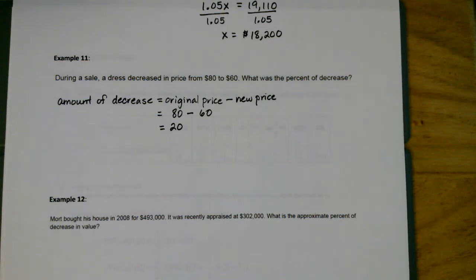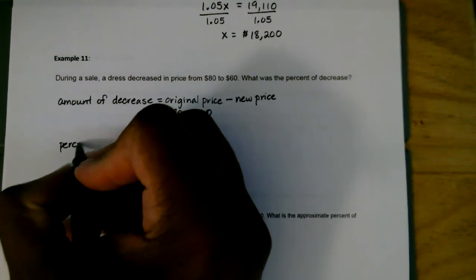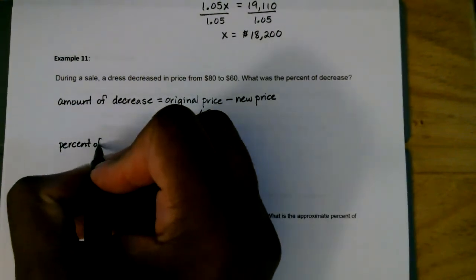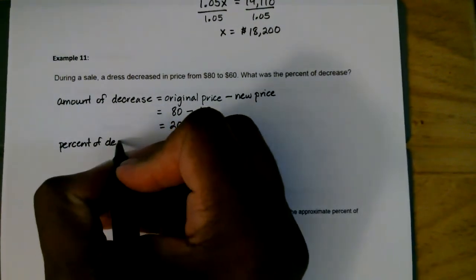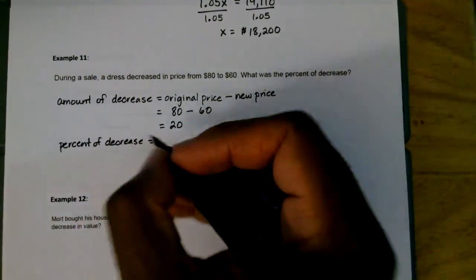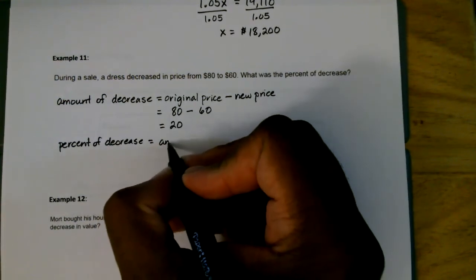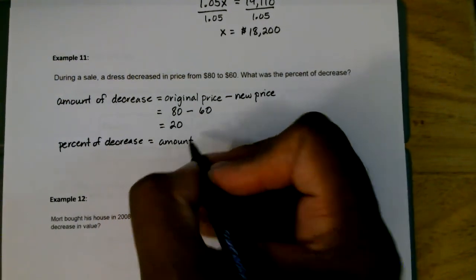However, we want the percent of decrease. That means we take the $20, that's going to be the amount of the decrease. Now I'll just write this out.